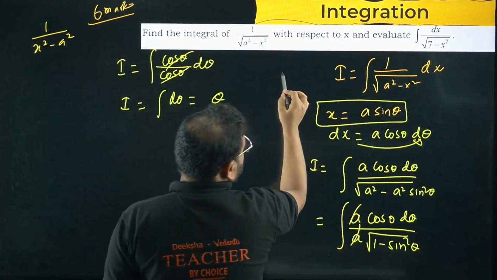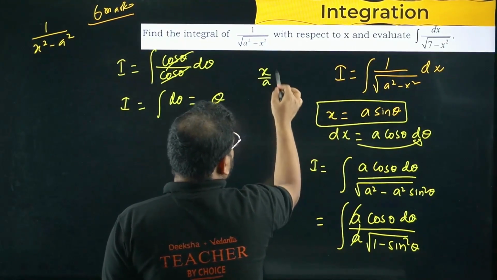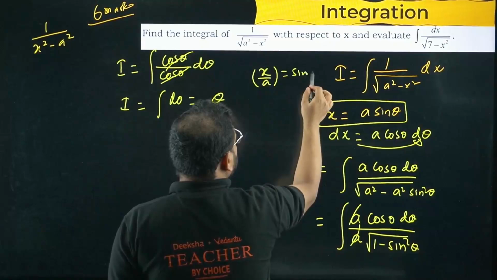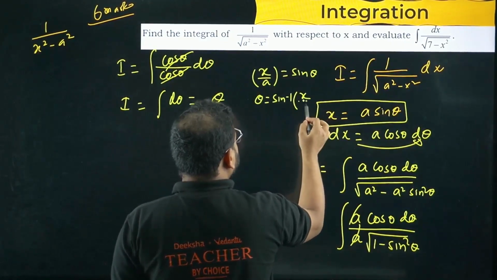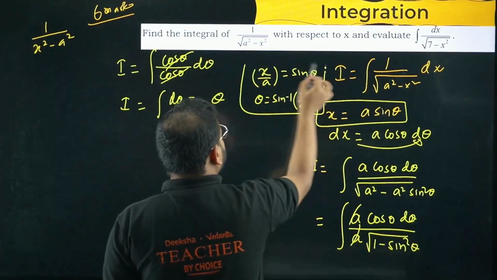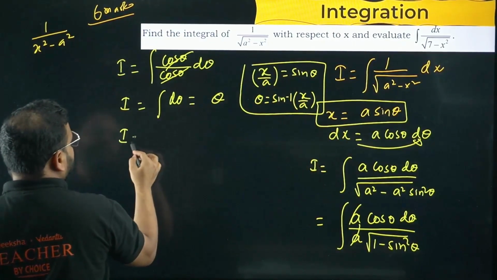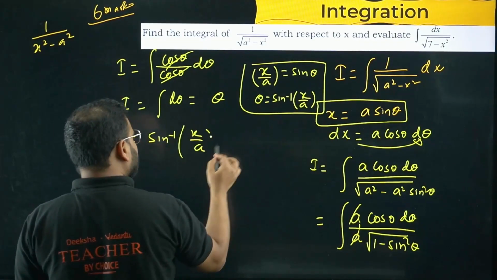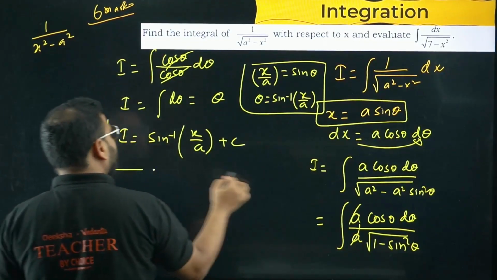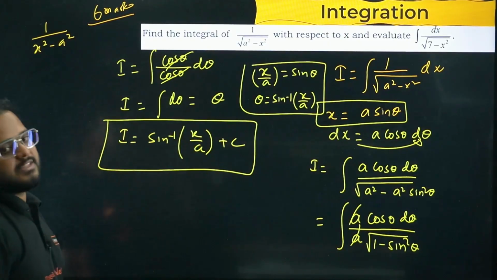From here I can write x by a equals sine theta, right? Hence theta is nothing but sine inverse of x by a. Put it here, I get the integral I as sine inverse of x by a. Of course there will be a plus c for the constant of integration for an indefinite integral. This is your final answer.